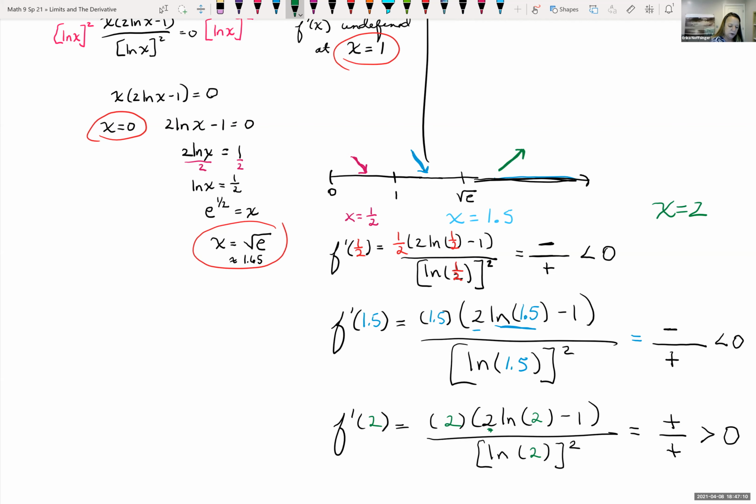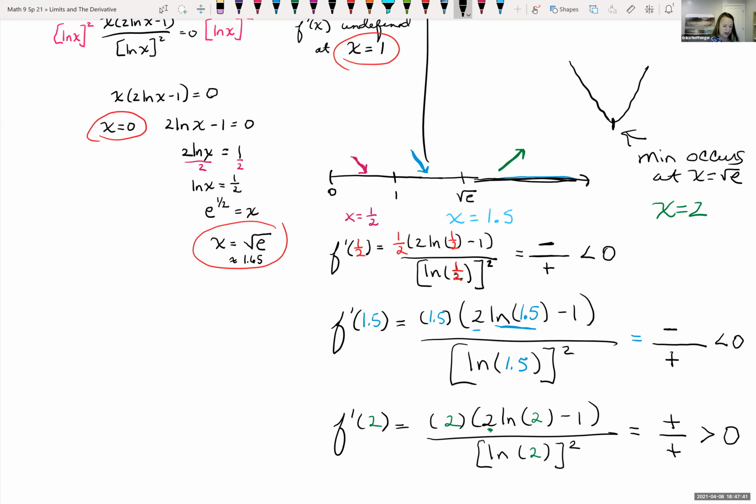Here at square root of e, this is changing directions. It is defined at square root of e. So if we're going from decreasing and then starting to increase, we know that that value right there is going to be a min. So a min occurs at x equals square root of e.